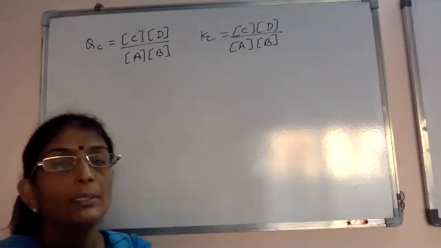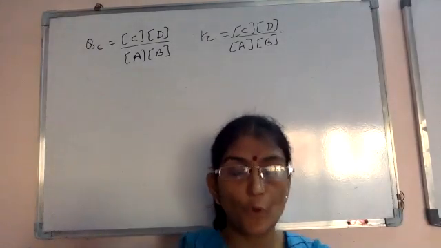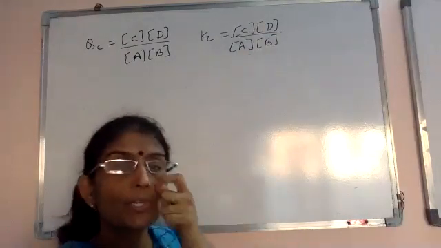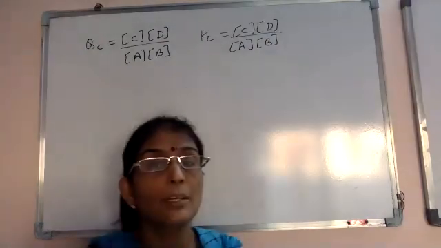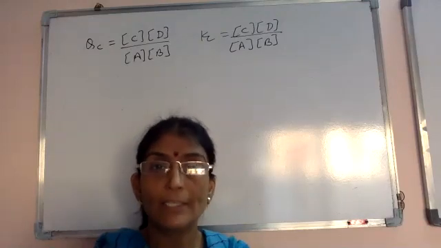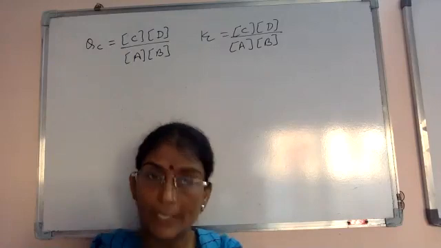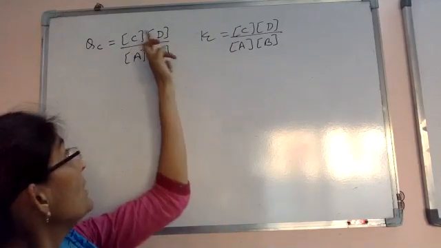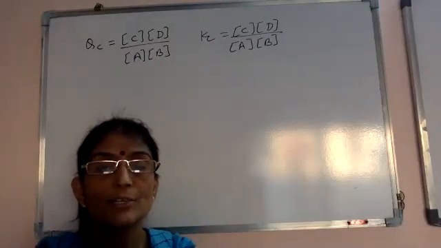But the concentration terms that we used in the formula, they are different. Here, the concentration terms are at equilibrium concentrations. When equilibrium is established, concentrations of reactant and products to be placed here. And at any time other than equilibrium state, whatever be the concentrations of reactant and products, that is to be placed here.